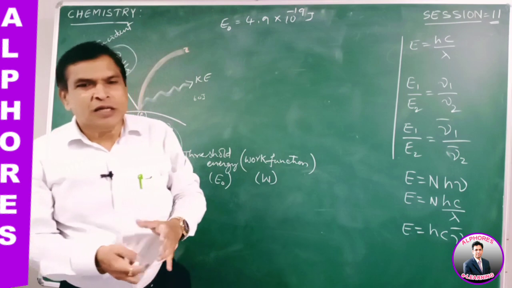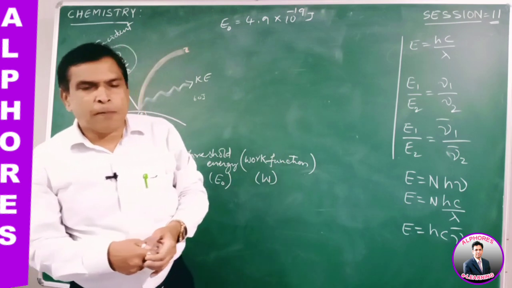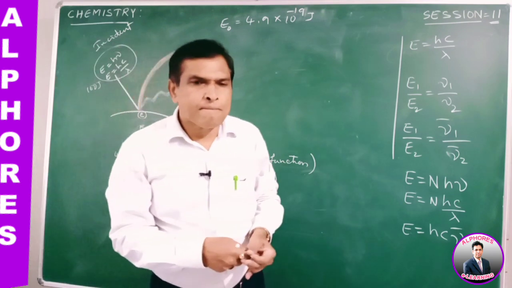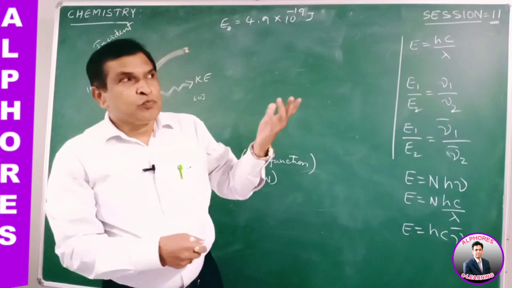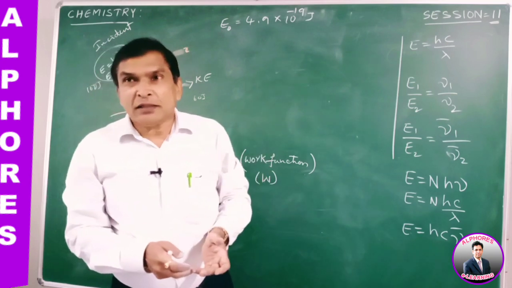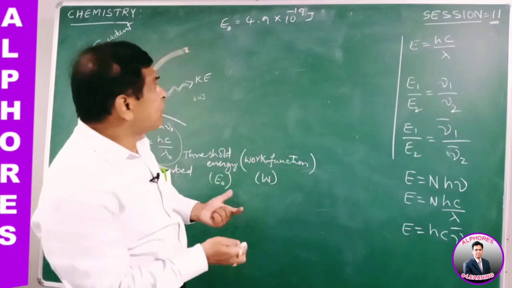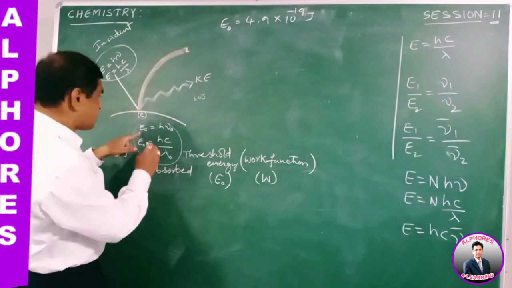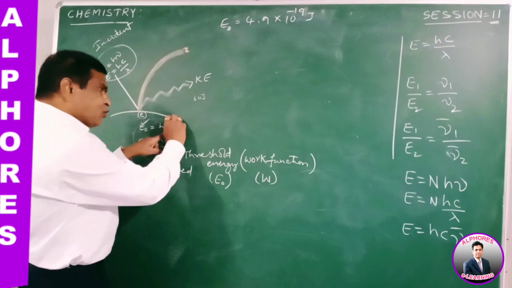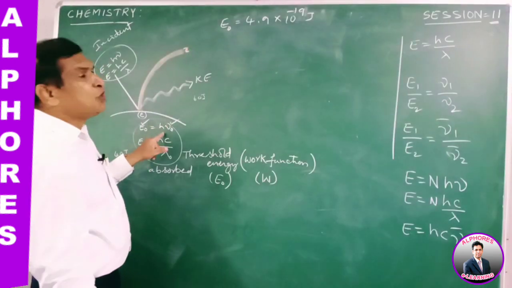Next, threshold energy is given. Calculate the threshold frequency of the ejected electron. That means E naught is given, and we are asked to calculate nu naught.